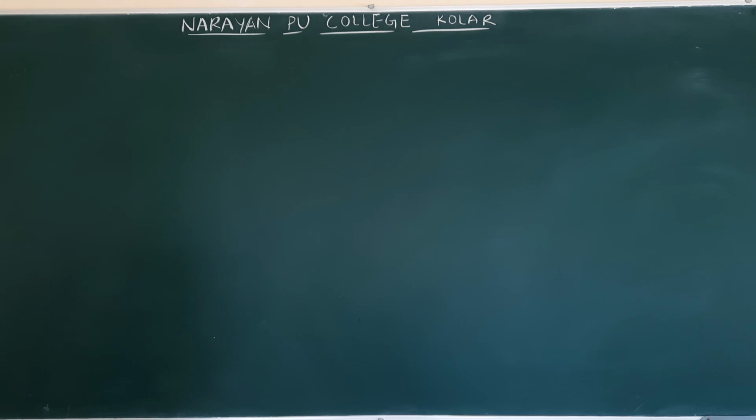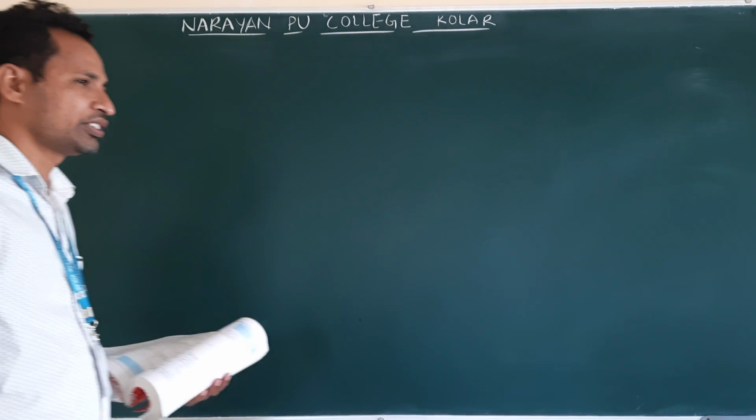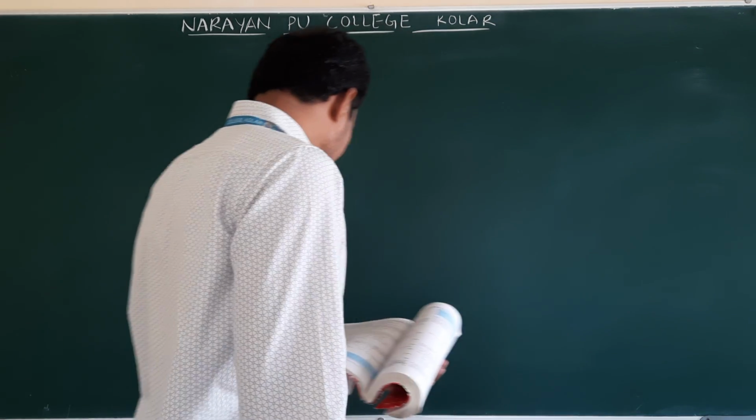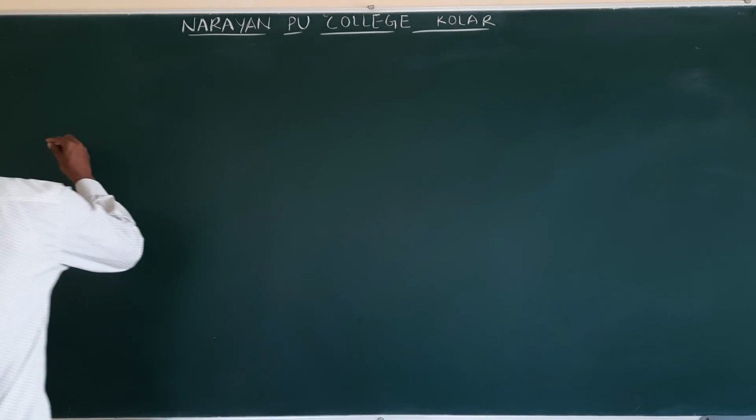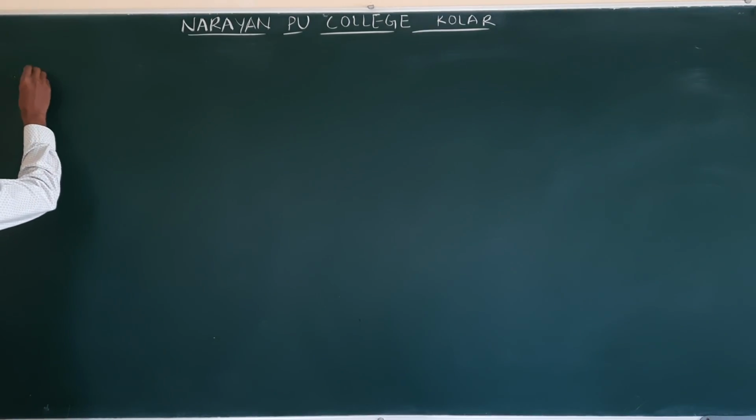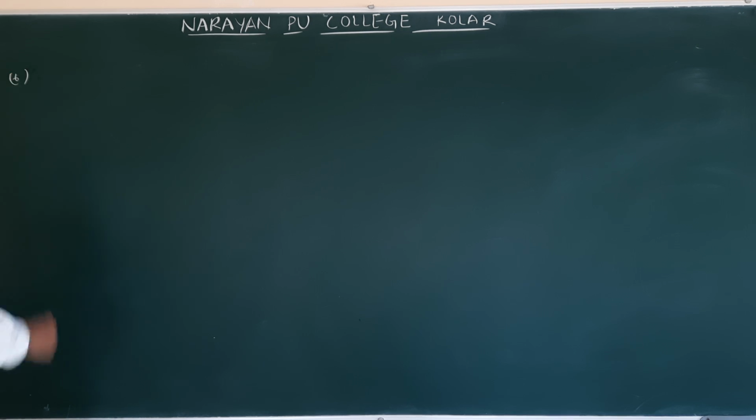Next important discussion. This we do expect for 3 marks. Explain the vector addition by analytical method. So this is 6th one.